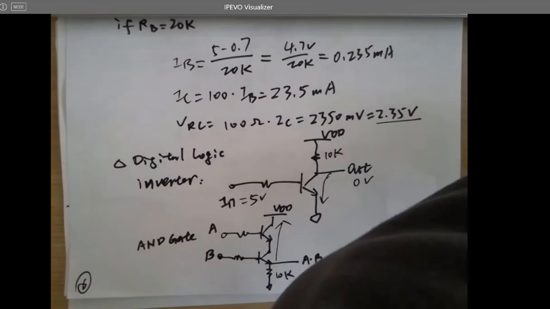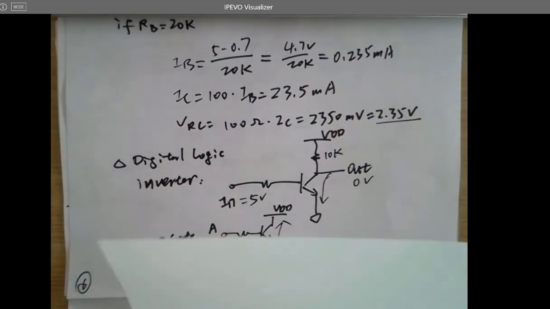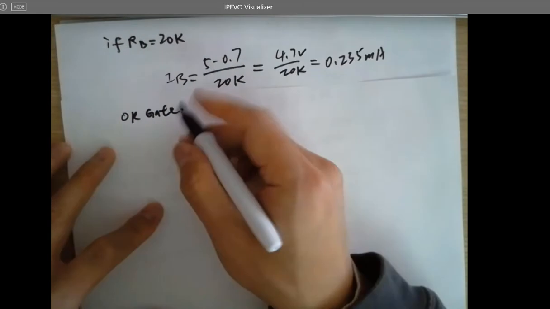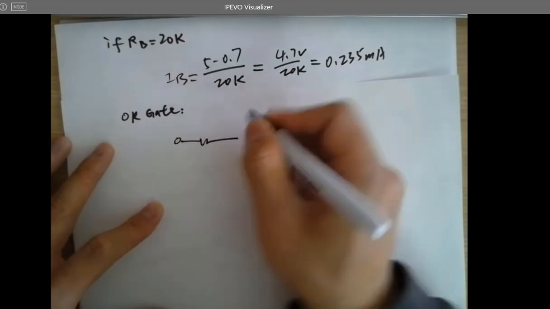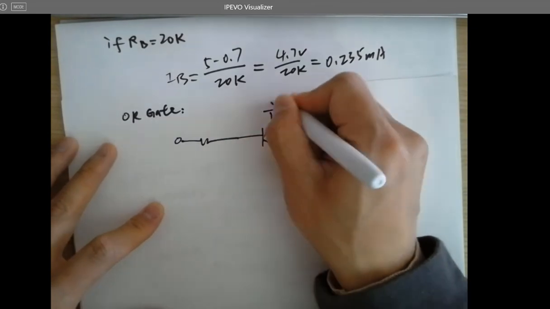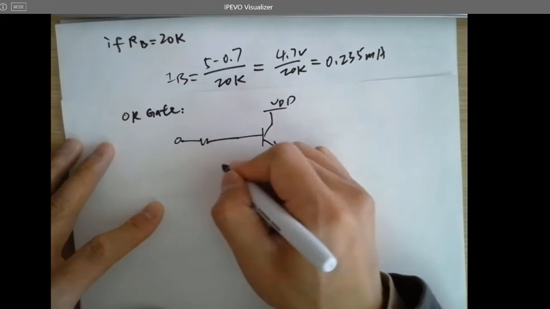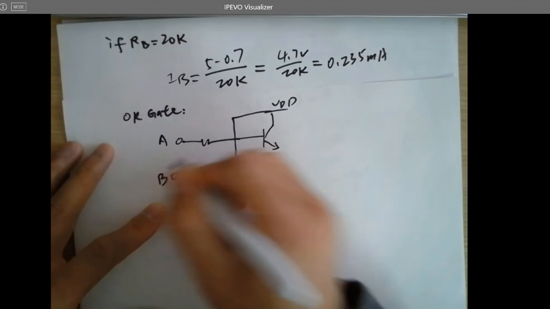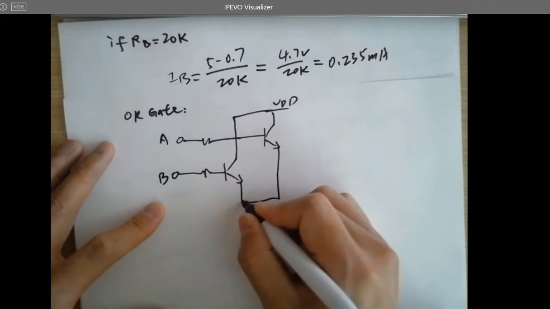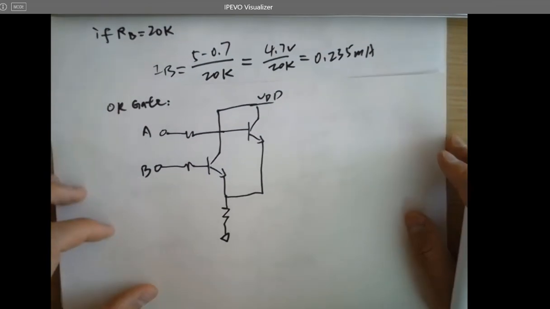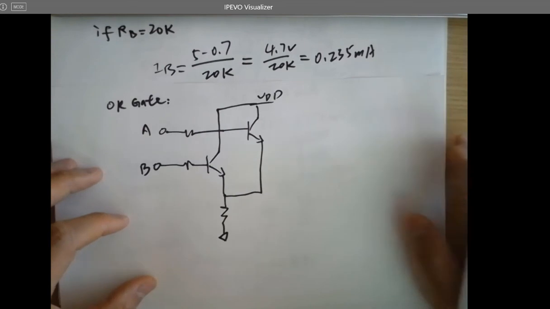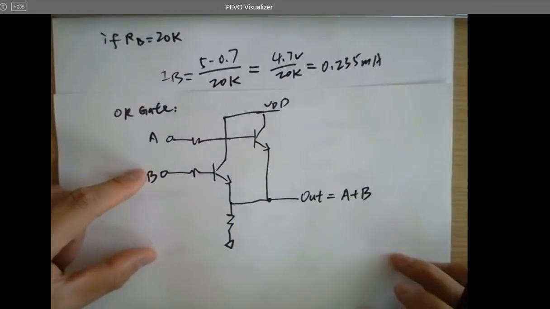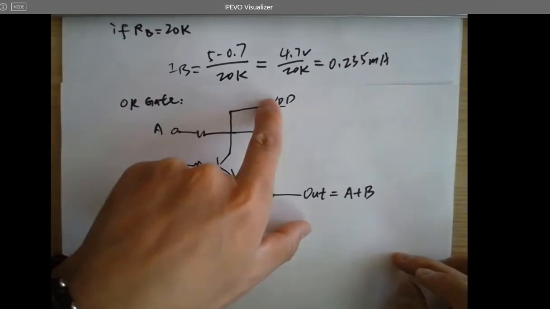What about OR? Where's the output? Because either A or B is on, this will be pulled to the VDD.